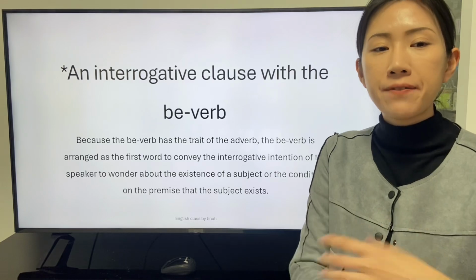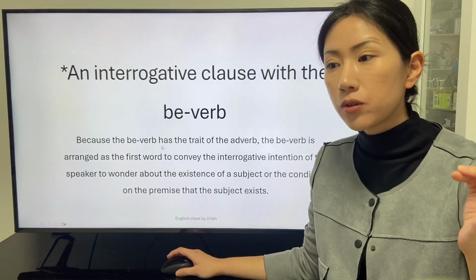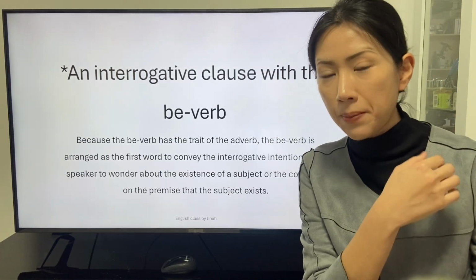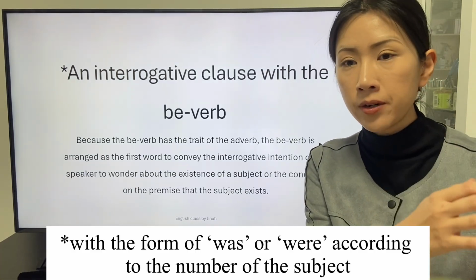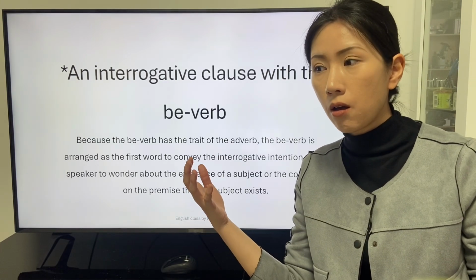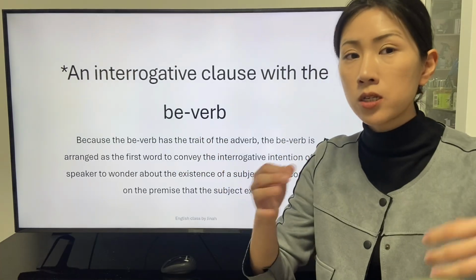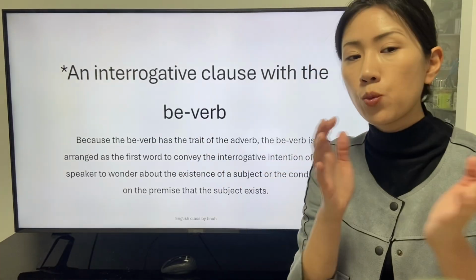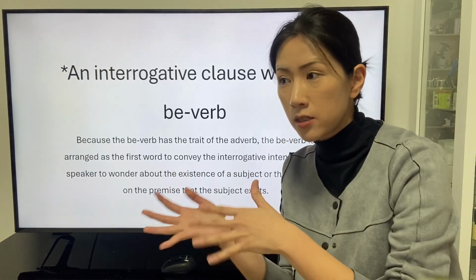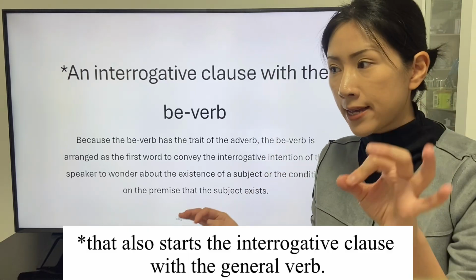The interrogative clause with the be-verb starts with the be-verb in the clause stated in the past tense, in the clause stated in the present tense. But an interrogative clause with the be-verb stated in the future tense starts with the modal verb will.